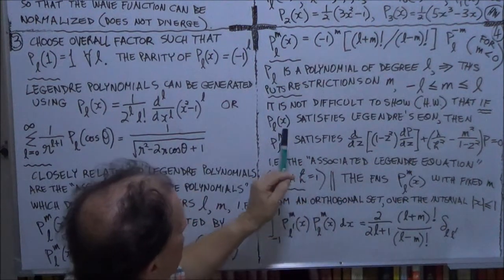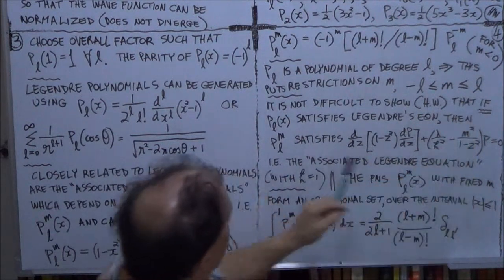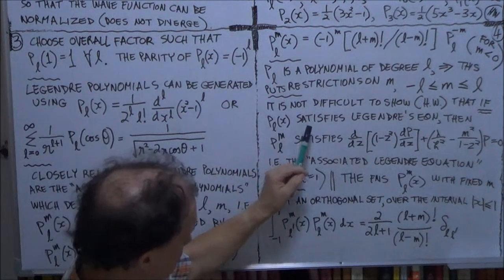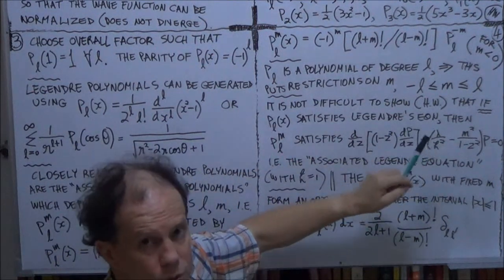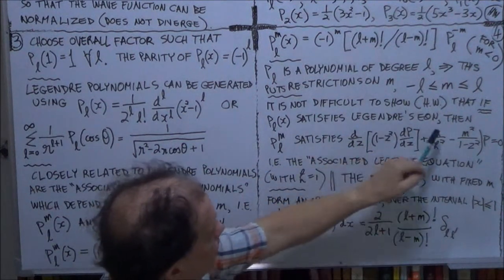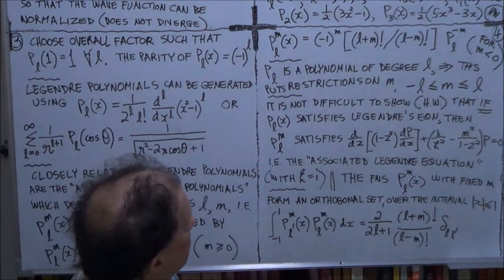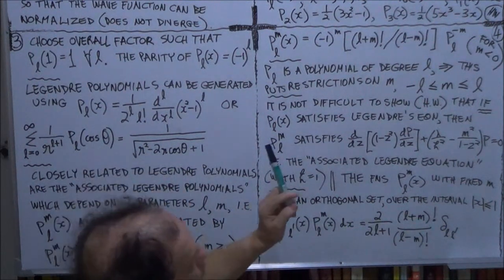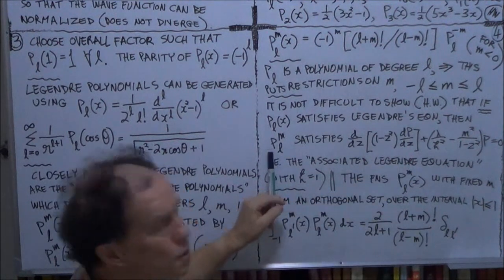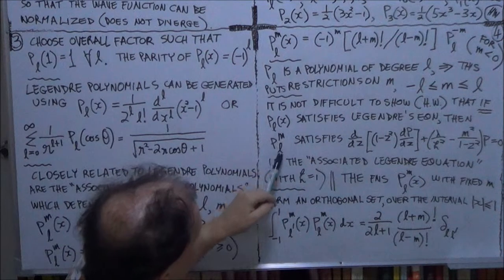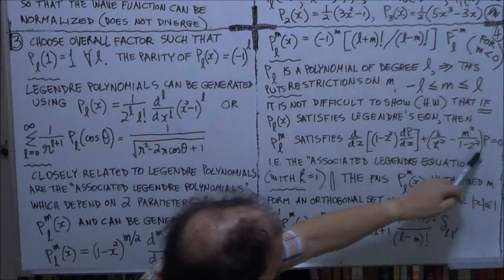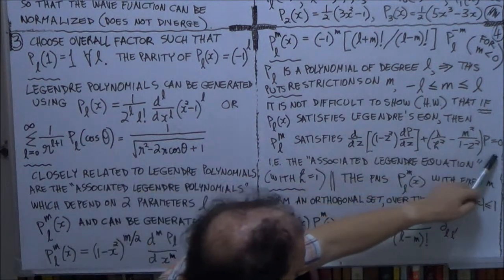So if this polynomial here, the Legendre polynomial, is a solution to, in other words, if it satisfies Legendre's equation, which we wrote out in an earlier session, okay, then the associated Legendre polynomial with two parameters, m and L, satisfies the associated Legendre equation.